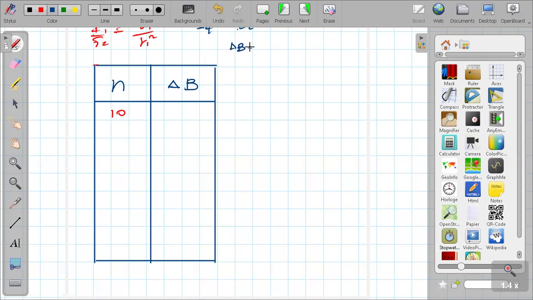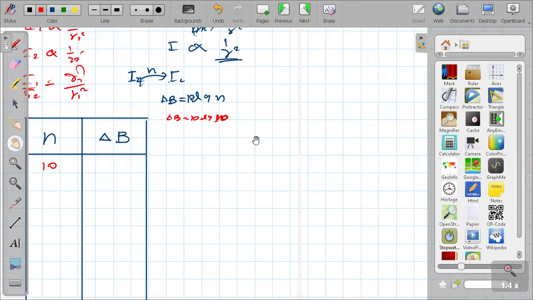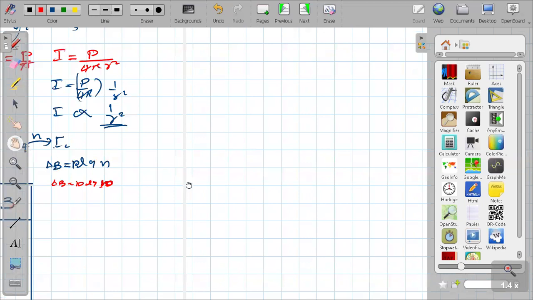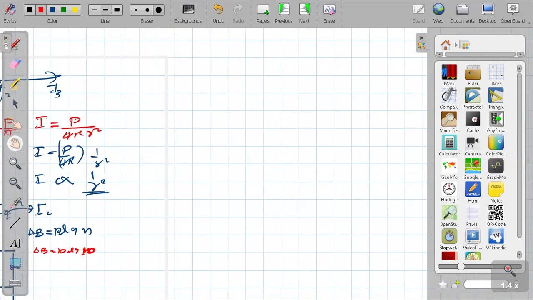Delta beta is 10 times LG of 10. Right. Now, in terms of logarithms, you have to have some good knowledge of logarithm.